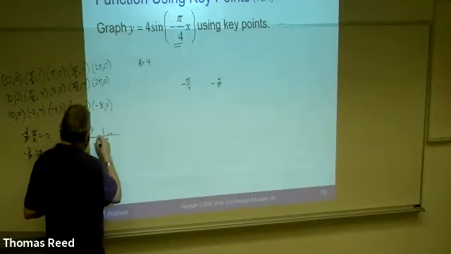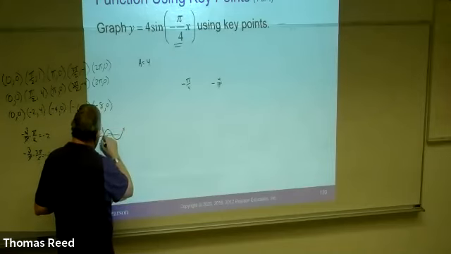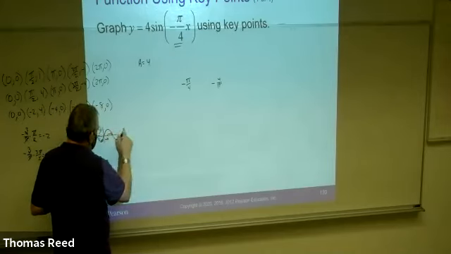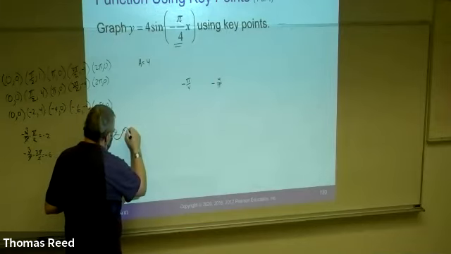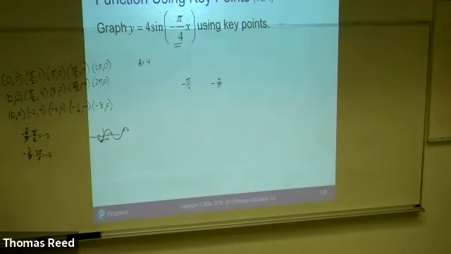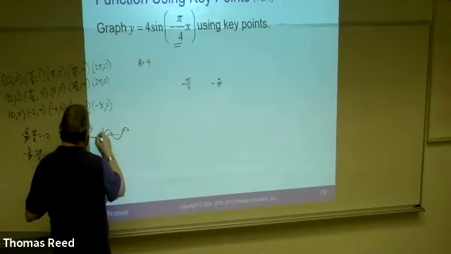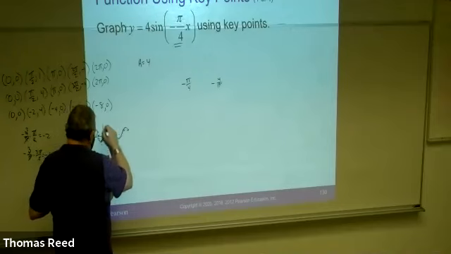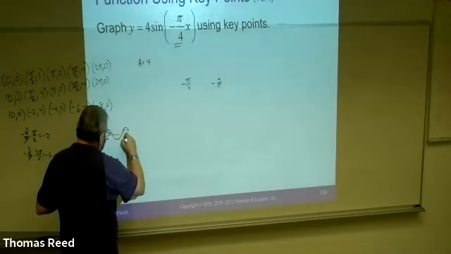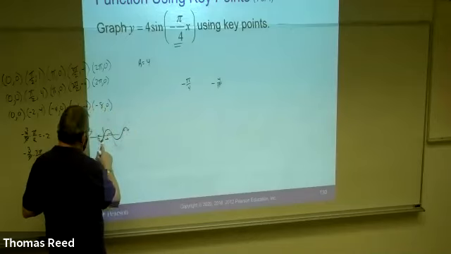Where the sine function would look like this. Multiplying by 4 on the outside is a vertical stretch, and so it makes it go like this, down further.